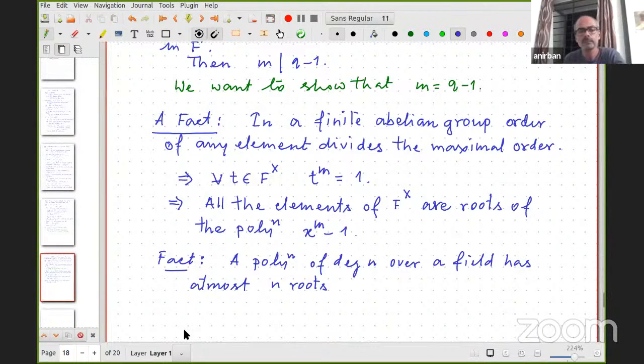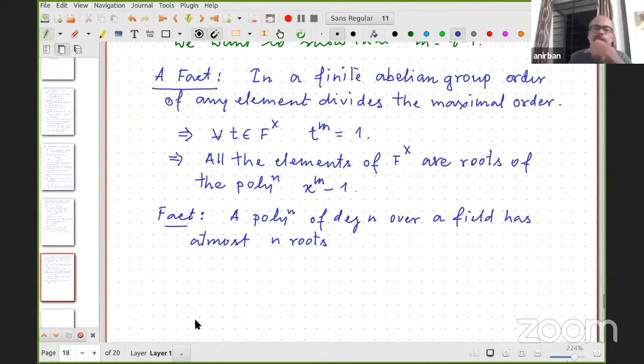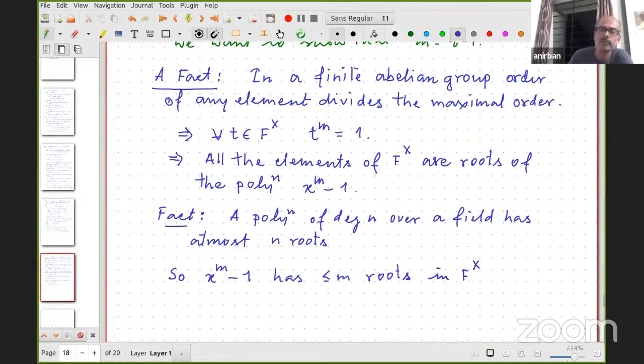Therefore, the number of roots has to be less than or equal to n, and therefore the polynomial x to the M minus 1 has at most M roots in F. Of course 0 is not a root, so all roots are in the multiplicative group.